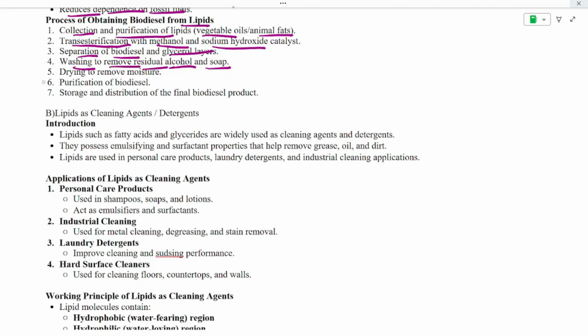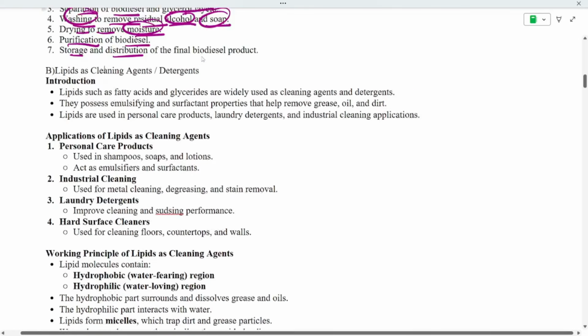You will be washing the obtained product in order to remove the alcohol and the soap, and drying to remove the moisture, since water content will be there after washing. Then purification of the biodiesel will be done, followed by storage and distribution. This was lipids as biodiesel.